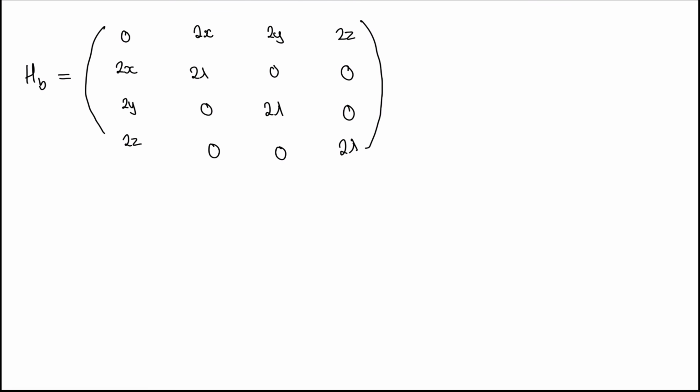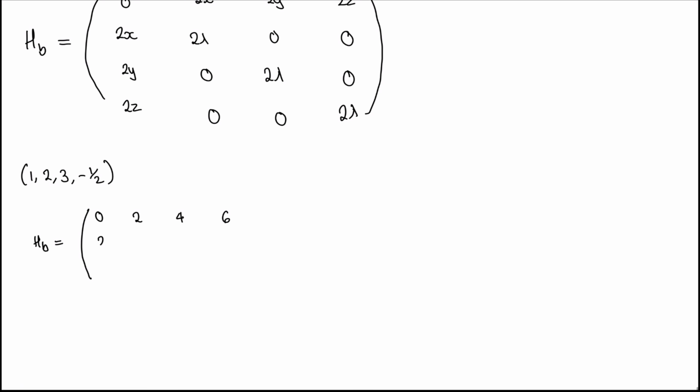So if I substitute in 1, 2, 3, and then minus a half into here, we get 0, 2, 4, 6, and then 2, minus 1, 0, 0, 4, 0, minus 1, 0, 6, 0, 0, minus 1.